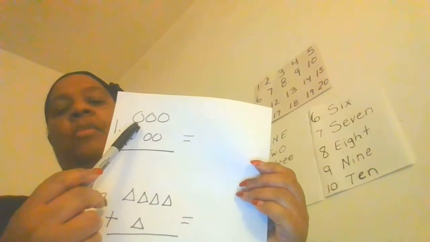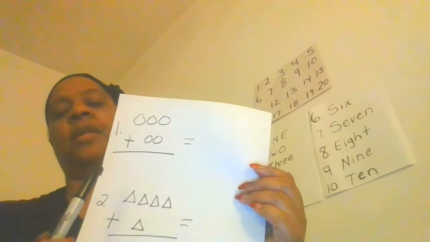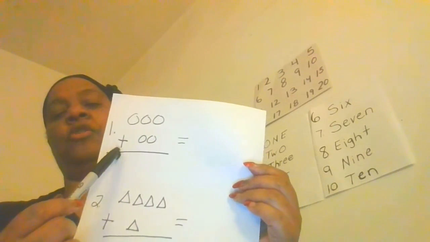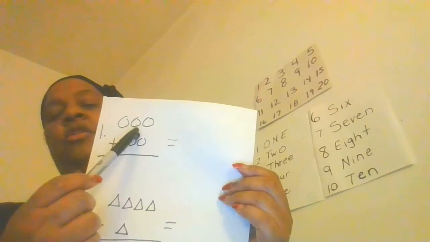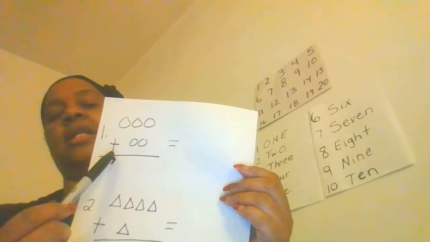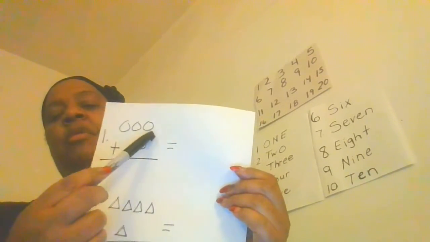In the top group we have 1, 2, 3, plus 2 more, 1, 2. So we go 1, 2, 3 plus 1, 2 equals 1, 2, 3, 4, 5. So you do it the same way, even though they're not numbers, they're objects.